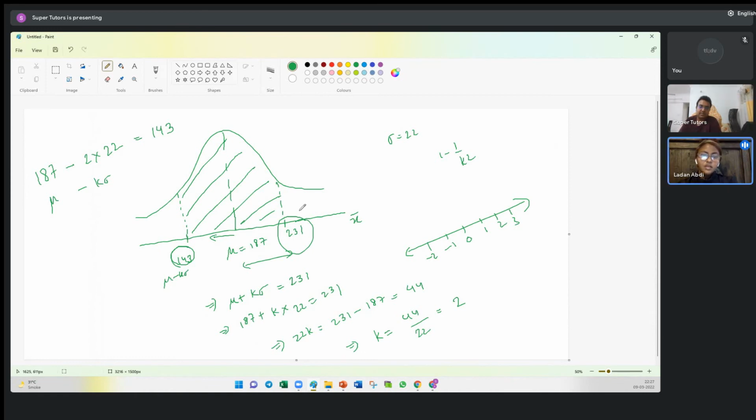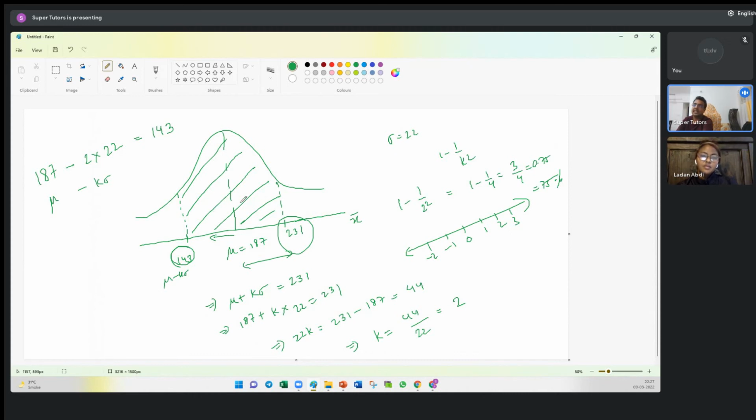So it gives you 1 minus 1 by k square, which is 1 minus 1 by 2 square, which is nothing but 1 minus 1 upon 4, which is 3/4 or 0.75 or 75%. So a minimum of 75% of the total area is this shaded area.